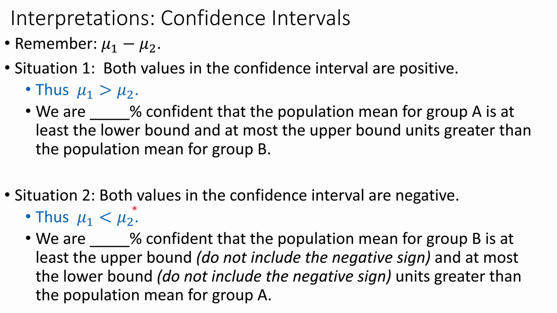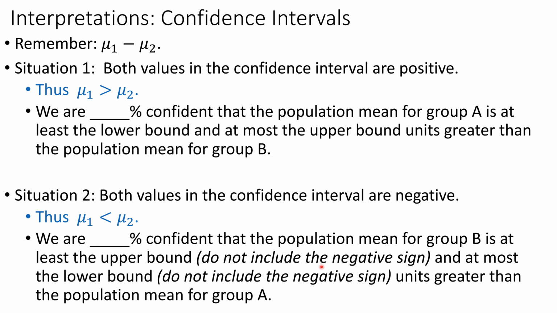Situation 2: both values in the confidence interval are negative. Hence, we can claim that mu1 is less than mu2. So we can say we're 99, 95, or 90% confident that the population mean for group B is at least the upper bound and at most the lower bound units greater than the population mean for group A. Pay attention that when you write down the upper bound and the lower bound, you do not include the negative sign.